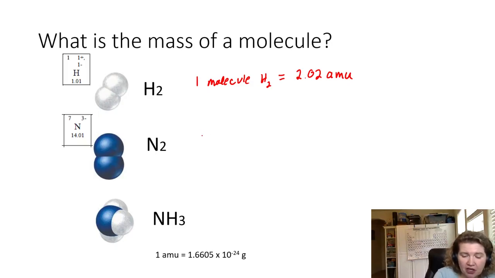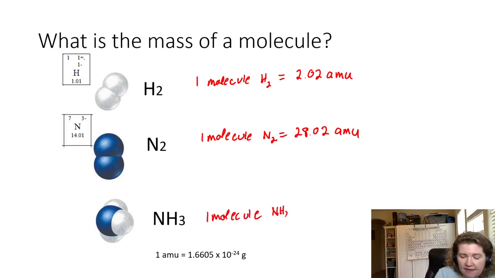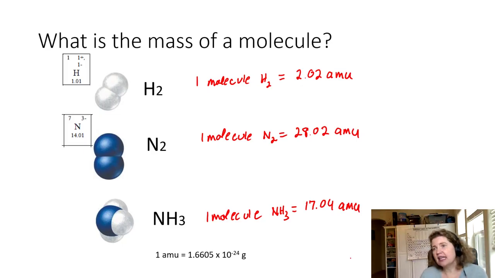So 1 molecule of nitrogen has 2 nitrogens in it. 1 molecule of nitrogen would equal 28.02 atomic mass units, and 1 molecule of NH3 is equal to, if I add 14 plus 3 hydrogens, 17.04 atomic mass units.